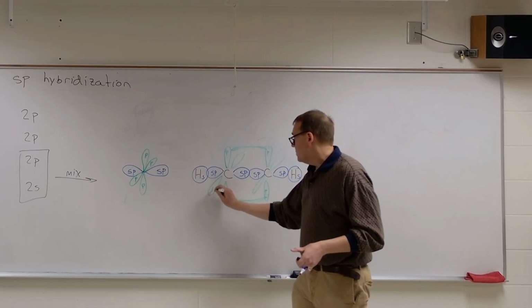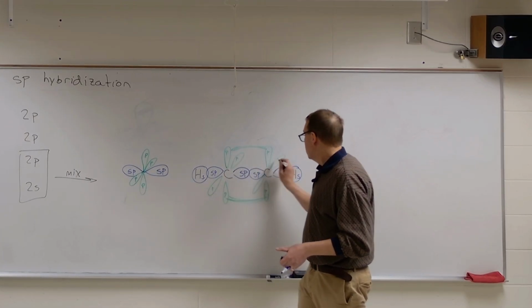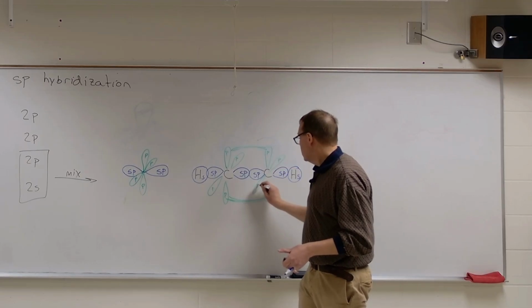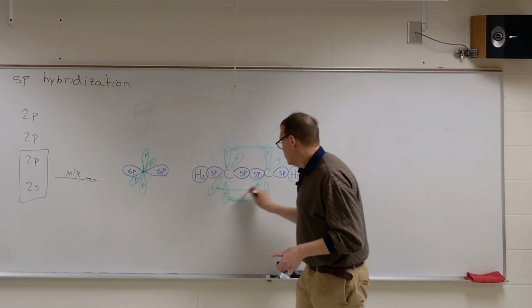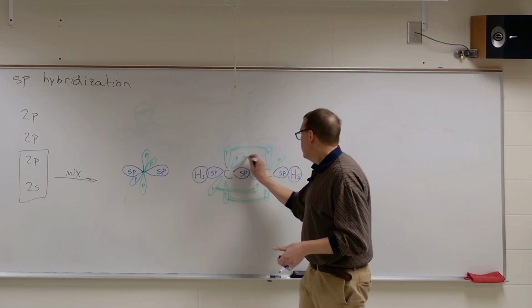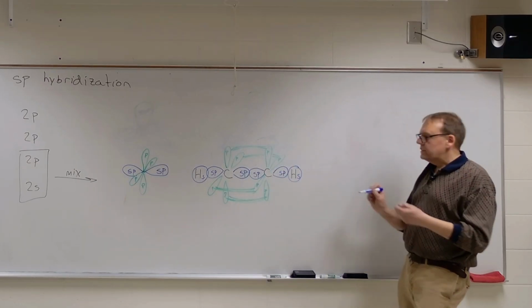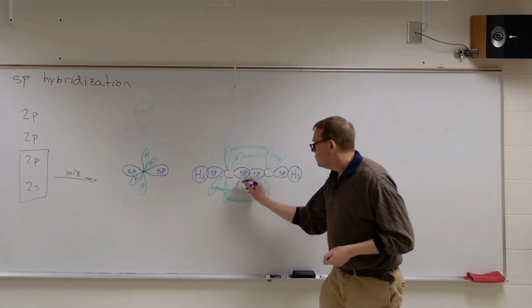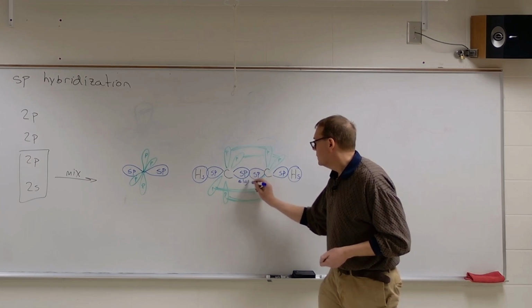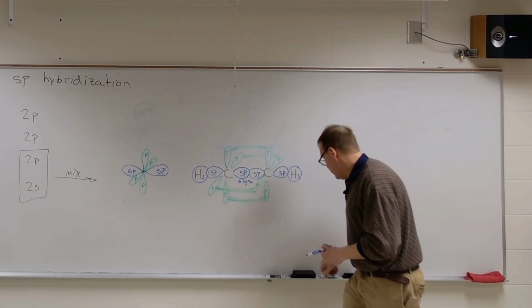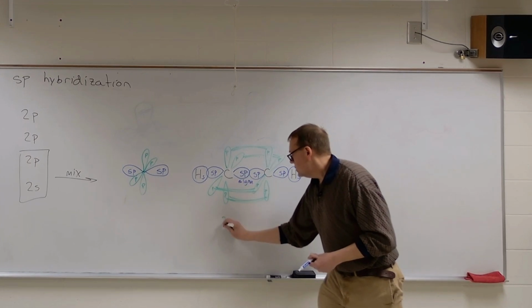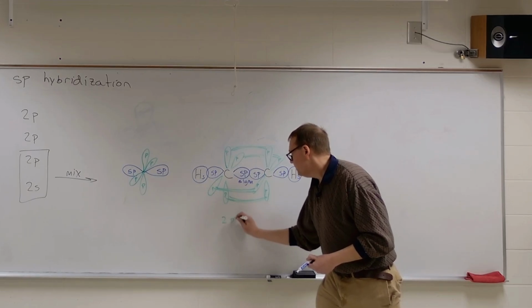And there's overlap between these p orbitals as well. So that overlap looks like this. So this is a molecule that's got one sigma bond between the carbons, and then two pi bonds.